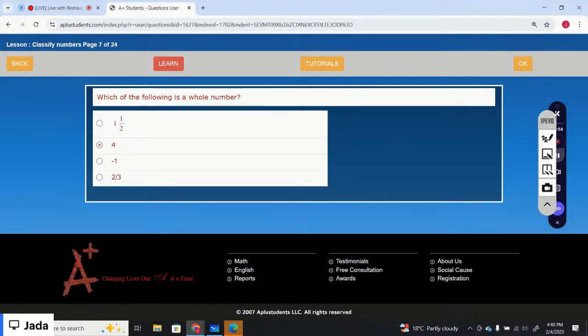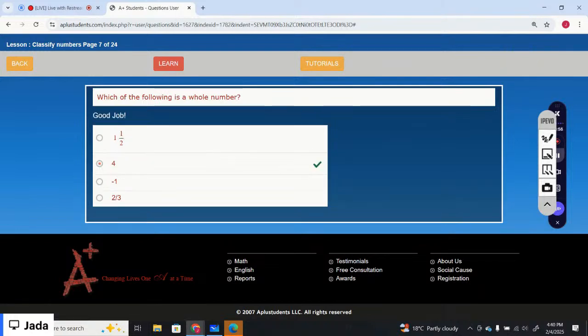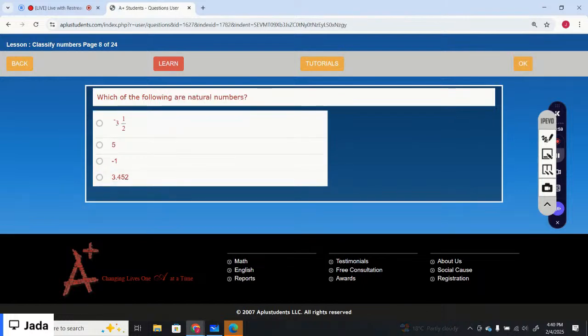The correct option is option number two. Which of the following are natural numbers?